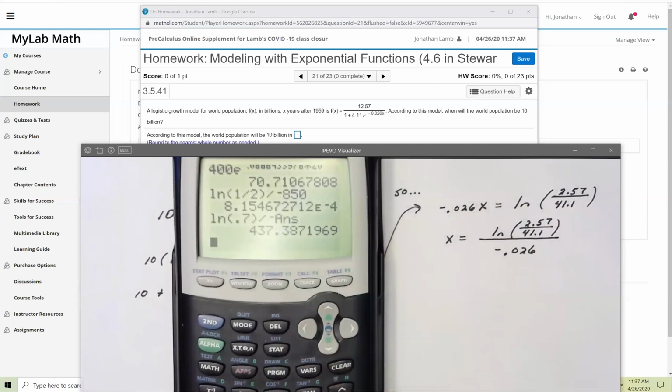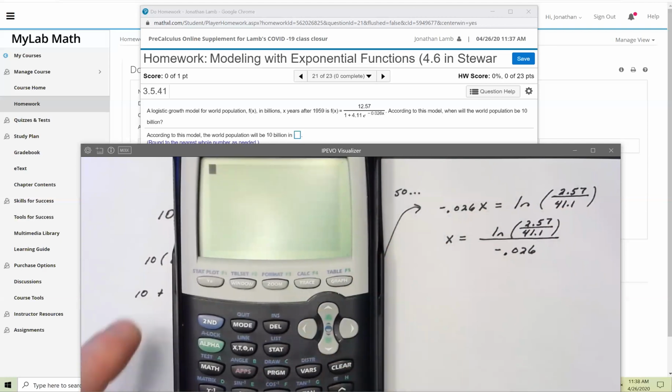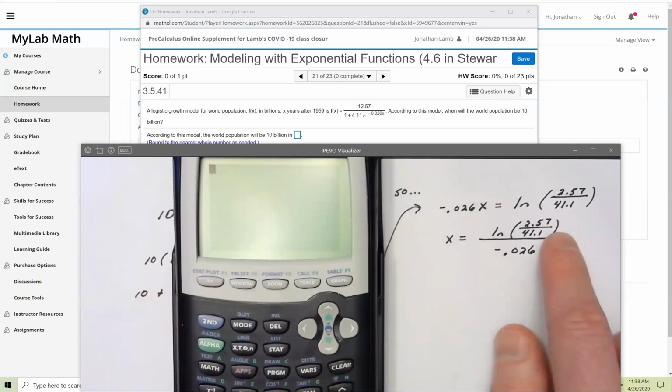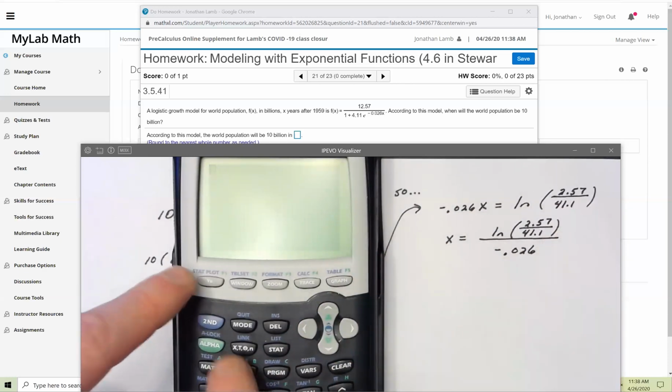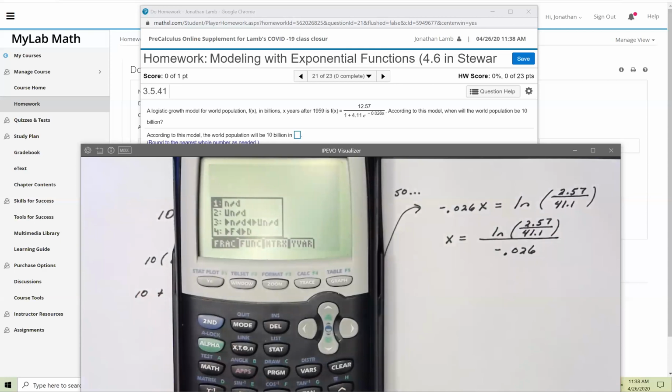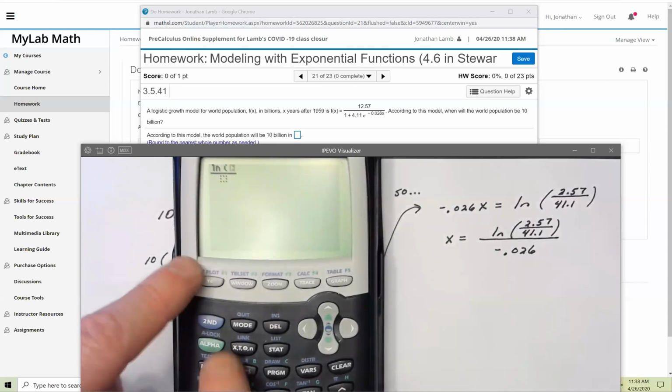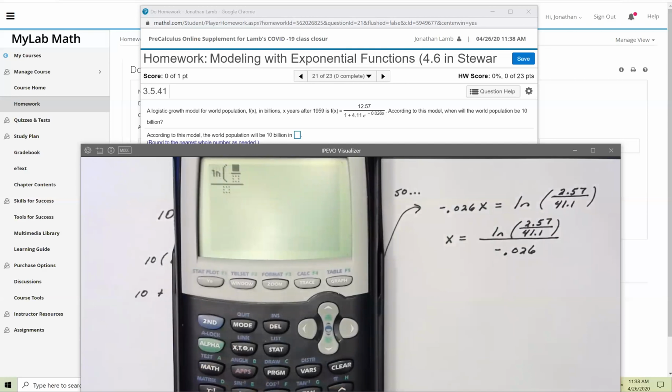I haven't done it yet, so I'll go ahead and do it here with you. We have the natural log of 2.57 divided by 41.1. I'll create a fraction: alpha y, equals, enter. I have the natural log of a fraction in my numerator, 2.57 over 41.1.